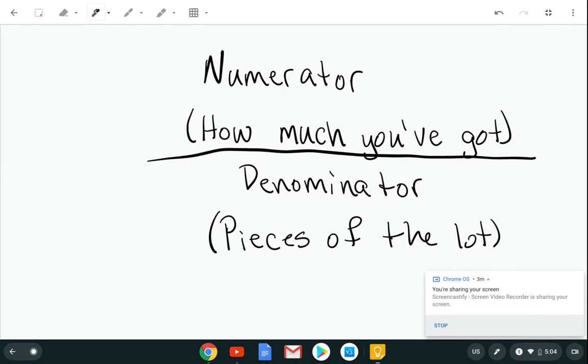Remember, your numerator is the top number on a fraction and your denominator is the bottom. So for ratios, you can think about your numerator as how much you've got and your denominator as pieces of the lot. Okay, so let's say you go to the store and you buy 5 t-shirts.